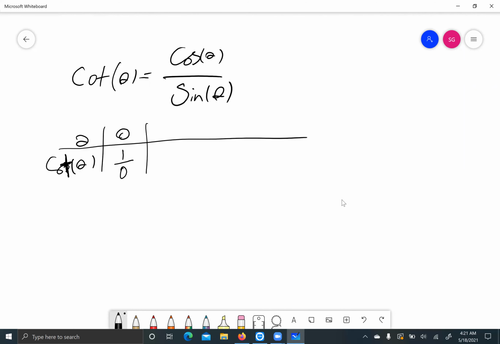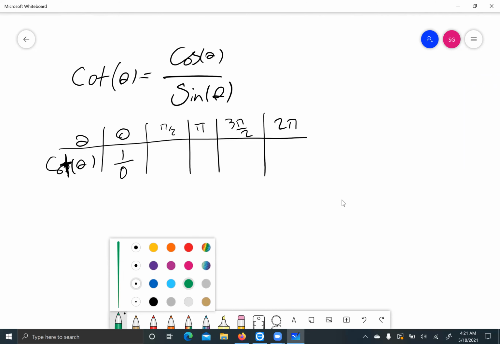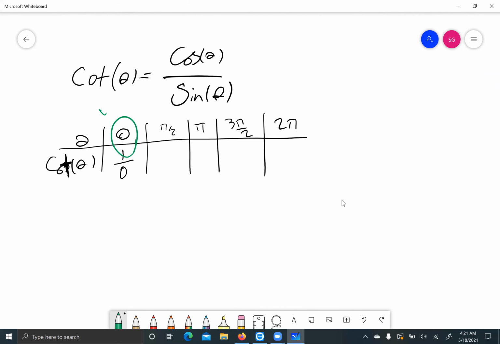And then pi over 2, pi, 3 pi over 2, 2 pi. Let's look at a couple of these. This is going to give us a vertical asymptote because the denominator is 0.